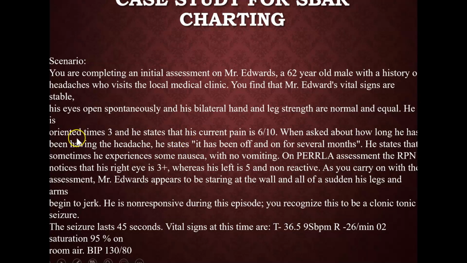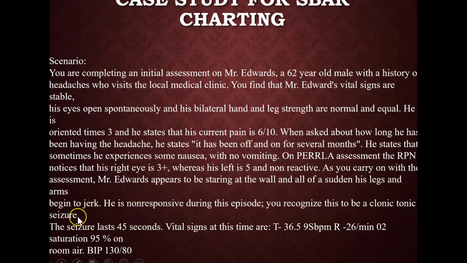Your background will be things like if you knew this person had high blood pressure, if you knew that this person was this or that. Assessment wise, you will put the orientation, the pain level, the right eye is 3 plus, and the left is 5 and reactive.